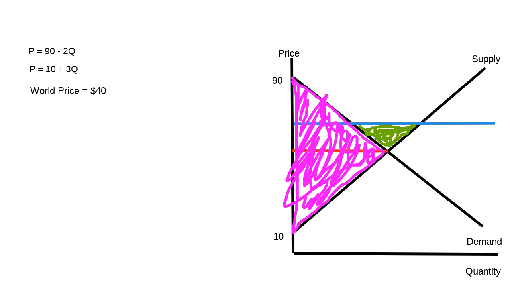Okay. So first things first, let's figure out whether we are importing or exporting. In any case, we need the equilibrium number to do our calculation. So first we need to find the equilibrium without trade. We set these equal to each other, and then we just do algebra.